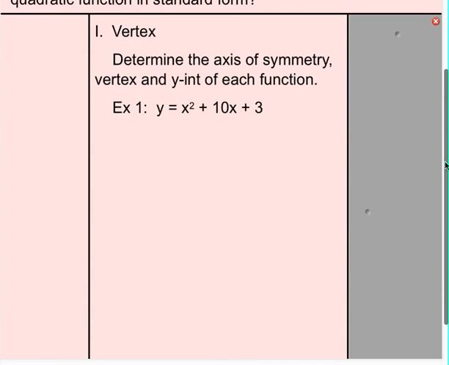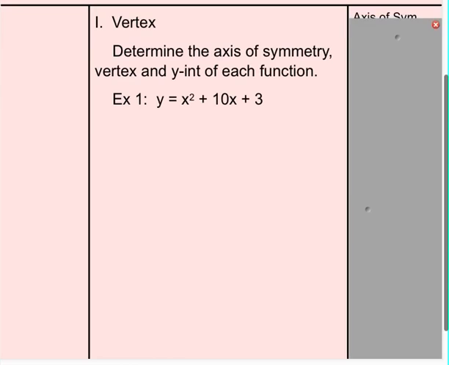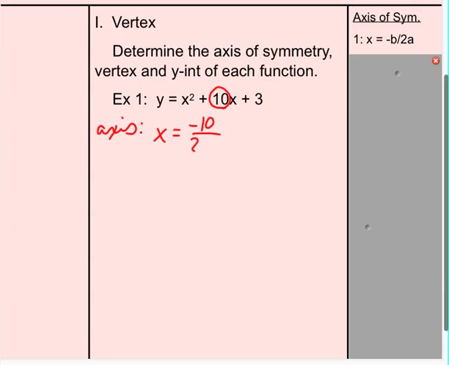We've got y equals x squared plus 10x plus 3. So the first thing we're going to do is find this axis of symmetry. Same formula we just looked at on the vocab page. So we set up x equals the opposite of b, the coefficient of our x term, divided by 2 times a, which is the coefficient of our x squared term.